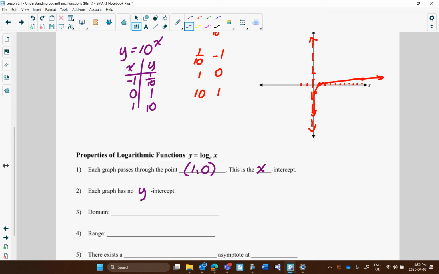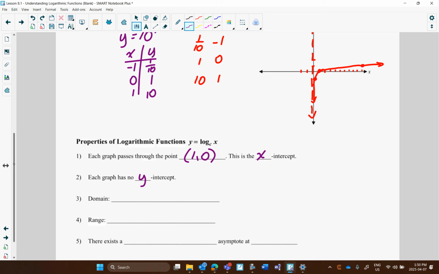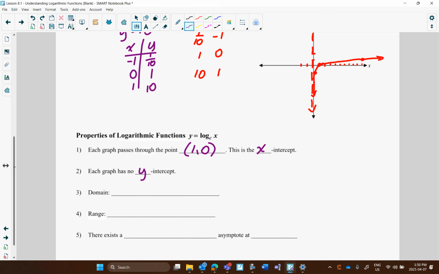The domain and range you can get from the graph. Well, the domain would be what? 0 to infinity. What do I put around the 0? You sure? The curved one, right? Because it never includes 0. It never touches x equals 0, but gets really close to it.